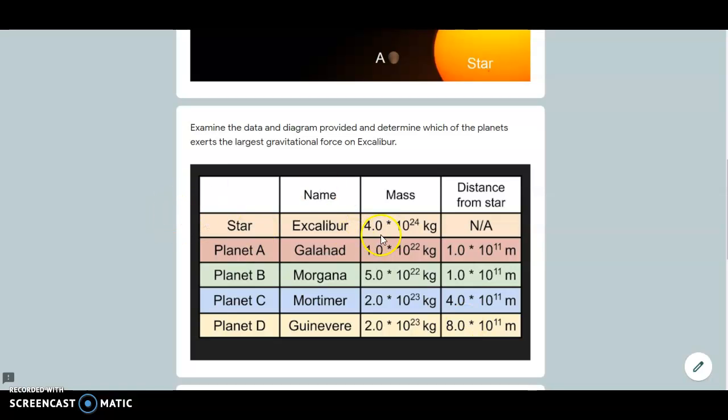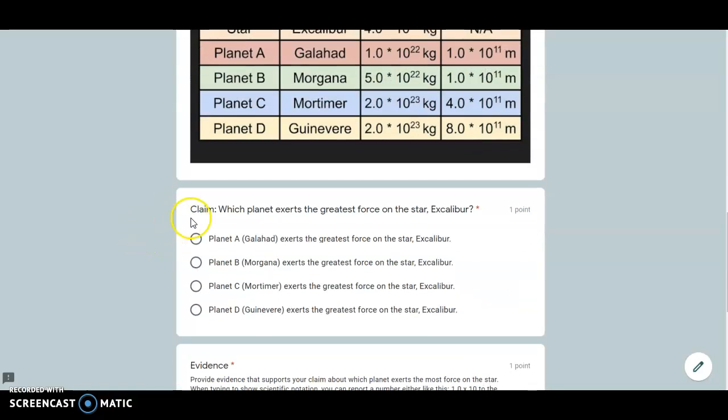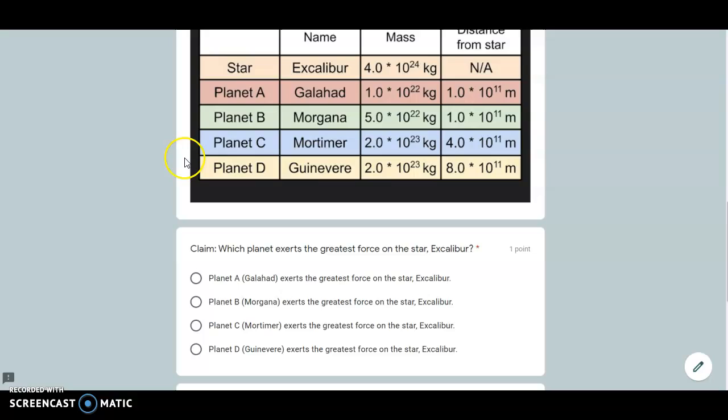So we have this data, and we want to know which planet is exerting the greatest force on the star. I can do 2 things here. First, I can use my understanding of Newton's universal law of gravitation to explain which one has the greatest force on the star.